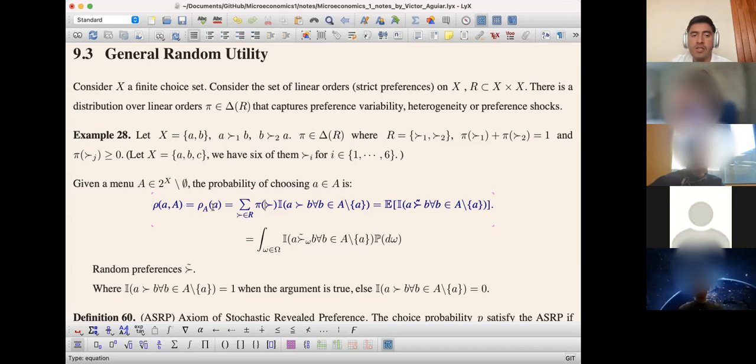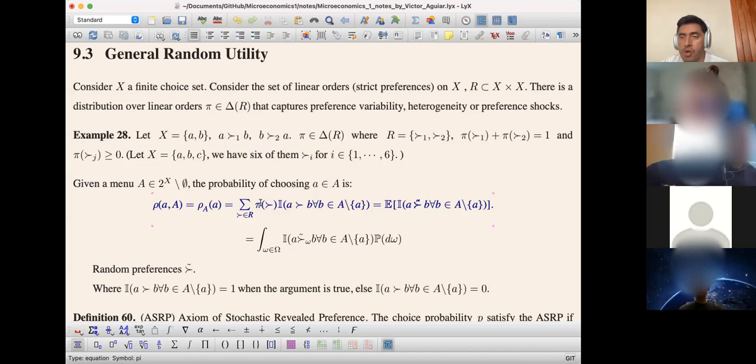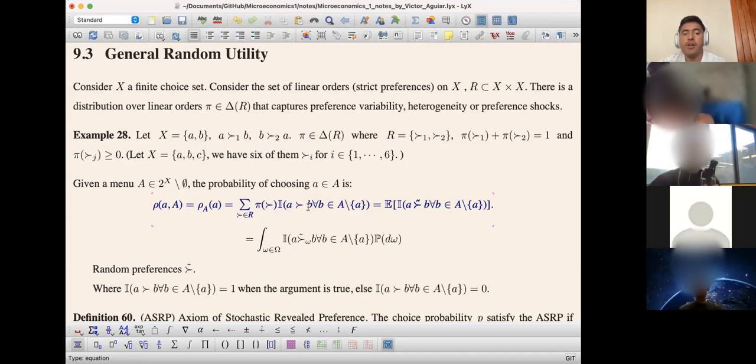If I'm now studying the probability of choosing A in a menu with 3 alternatives, I have to consider 6 possible rankings. In these rankings, there's a subset that put A at the very top. So I'm just going to take the summation over those rankings, with the corresponding probability mass of the rankings that are such that A is better than B. Do you understand the notation?